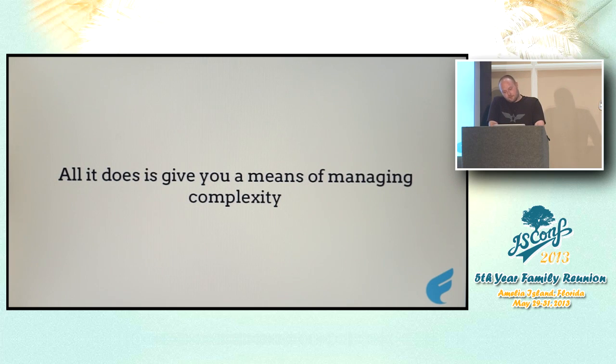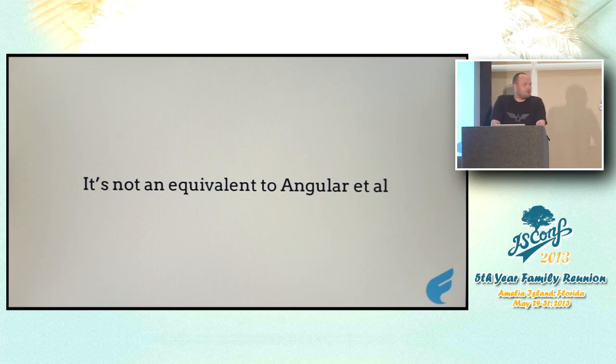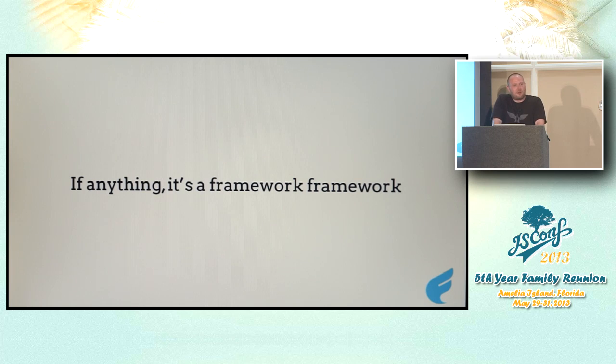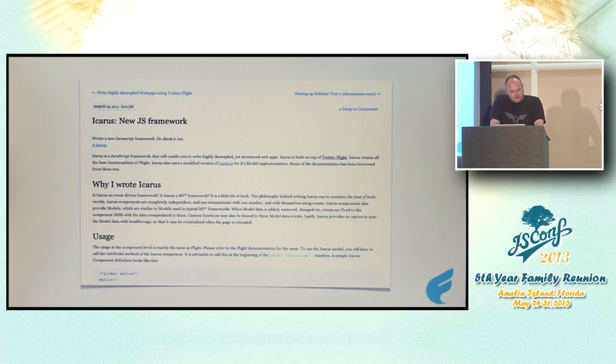So I suppose the answer to the original question, why not just use Angular? Well, it's not equivalent to Angular. In many ways, I'd call it a framework for making frameworks. It's a way of handling communication and decoupling, and you add your own architecture on top. An example of that is this thing that's popped up just recently. Icarus adds a model layer by adding some code to components.